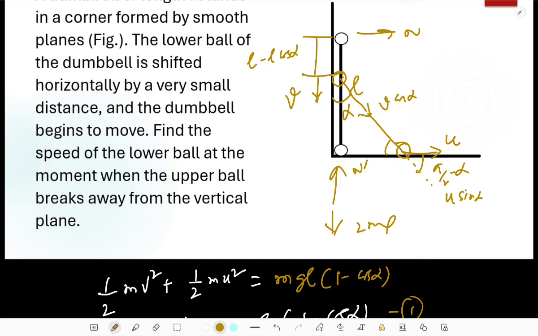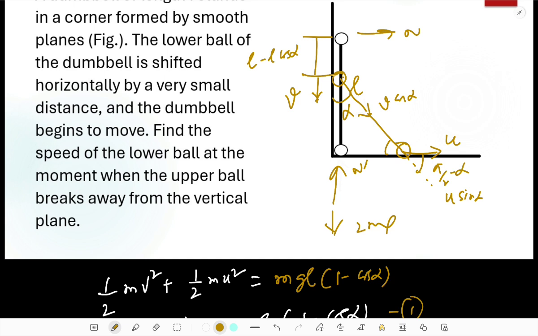Because the velocity of the center of mass in the horizontal direction, that velocity directly goes to the lower ball, because the upper ball hasn't got its share from the center of mass velocity in the vertical direction.